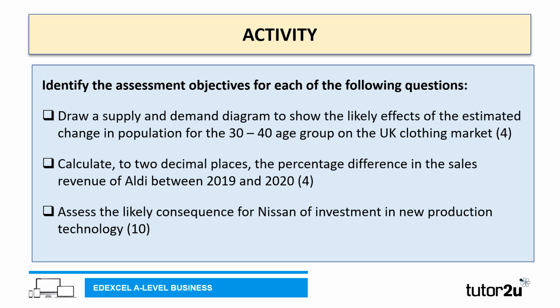Calculate to 2 decimal places the percentage difference in the sales revenue of Aldi between 2019 and 2020. 4-mark question. Assess the likely consequence for Nissan of investment in new production technology. 10 marks. Can you identify which assessment objectives are being examined in those 3 questions? Pause the video now, then unpause to run through the answer.